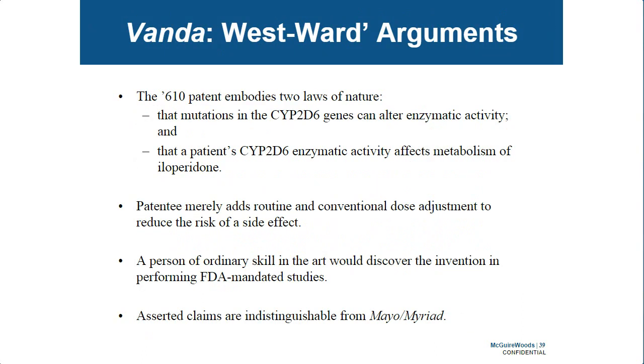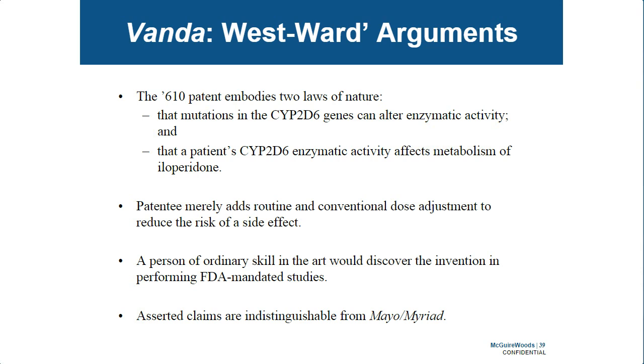The defendant argued there are actually two laws of nature. Number one, certain patients have this mutation of this gene, which will make the patient either a poor metabolizer or not a poor metabolizer, and the second thing, whether the enzymatic activity would then affect the metabolism of this drug. So that's just law of nature. And then the argument made by the generic was that the patentee merely added routine and conventional dose adjustment to reduce the risk of a side effect.